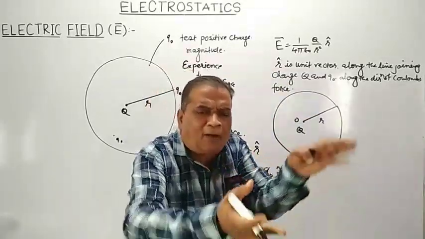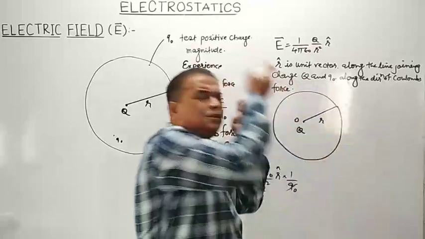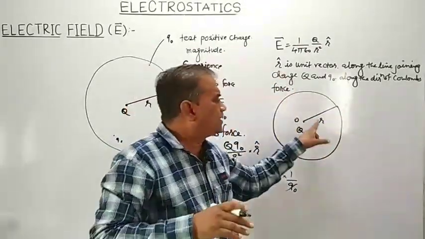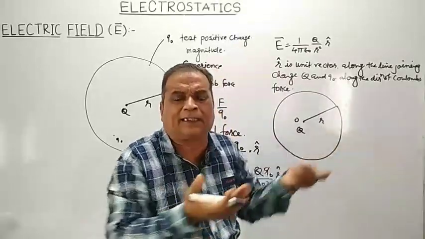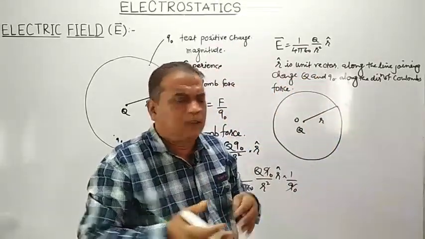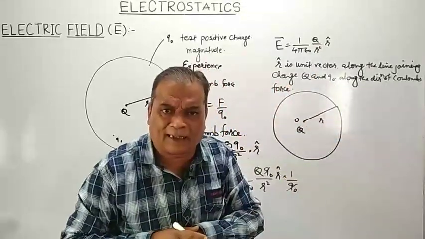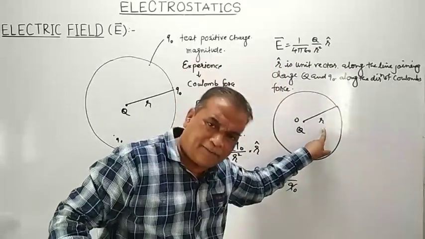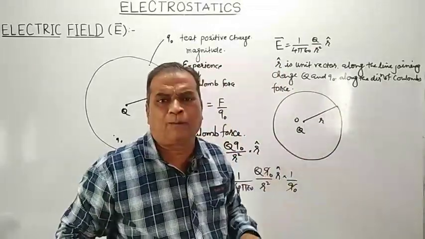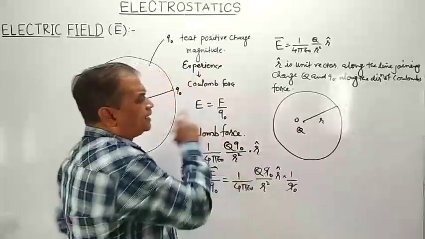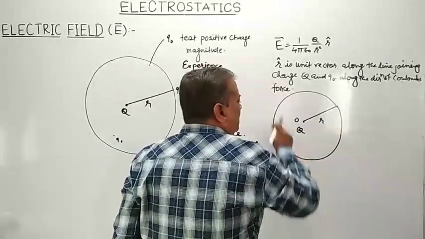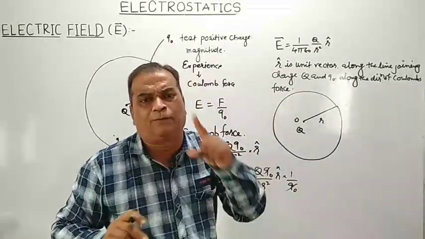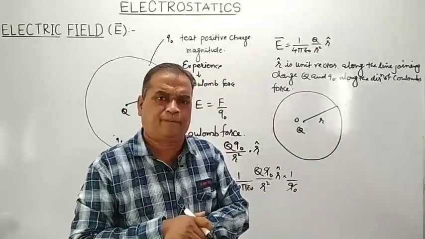We can have a locus of all such points of the medium surrounding the given charge Q which are at the same distance r, and that is a spherical region, a sphere of radius r. Every point on that spherical region is at the same distance r from the charge Q. And electric intensity at every point on the sphere of radius r due to charge Q is the same.